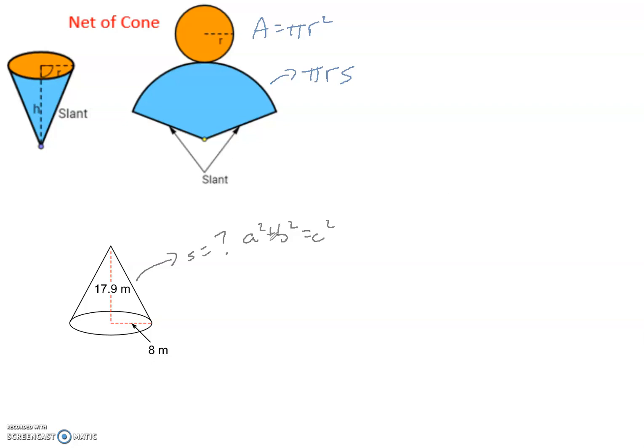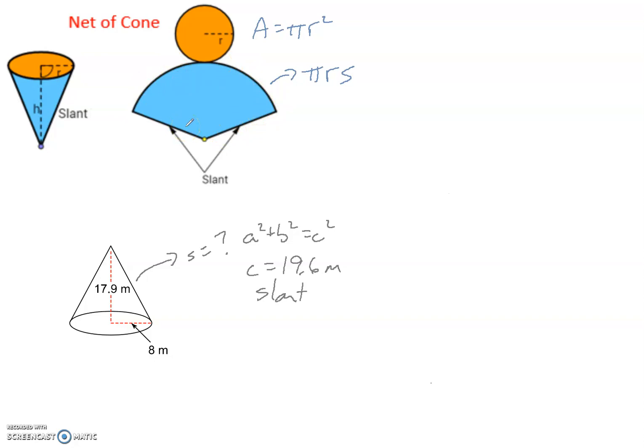So if I square my 17.9, square my 8, and then root the two together, I will get a slant value. It would be the C value of about 19.6 meters, and this would be my slant value, which I need for my calculation of the area of the outside part.